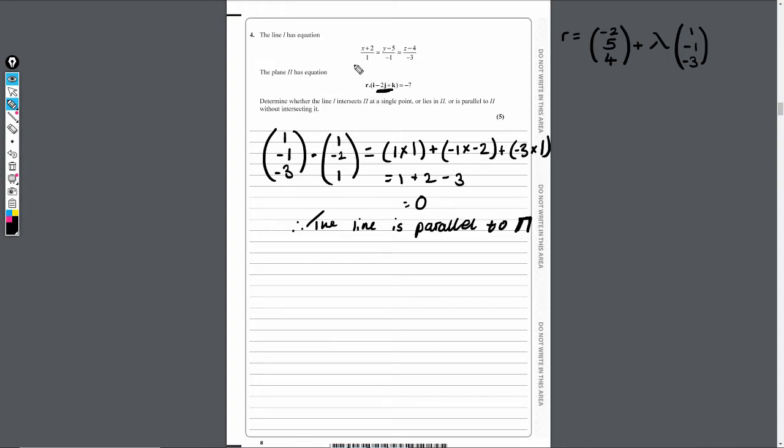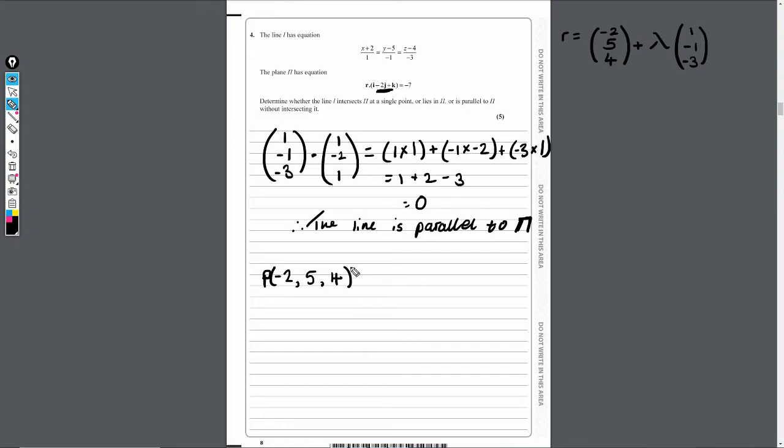The easiest point to consider for the line L, if I call the point P, looking at our equation here, we've got x plus 2, y minus 5, z minus 4. The easiest point is just to consider the origin, 0, 0, 0. For that, x must be minus 2, y must be 5, and z must be 4. So the point P I'm going to take will be minus 2, 5, and 4.